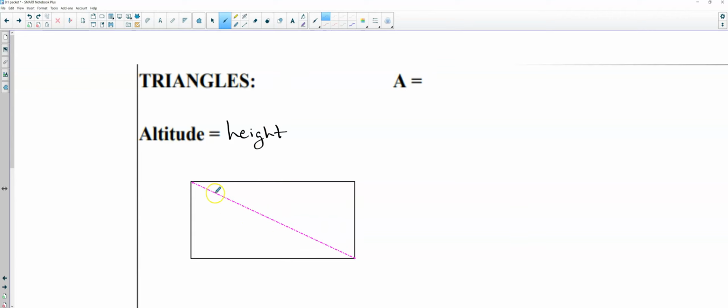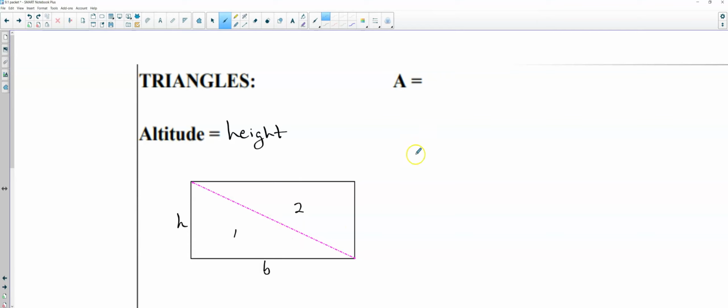Notice if we were going to find the area of the rectangle, that would be the base times the height, and we would leave it there. But notice how many triangles you have here. You have 2 congruent triangles. Therefore, you're cutting the rectangle diagonally, you're cutting it in half.